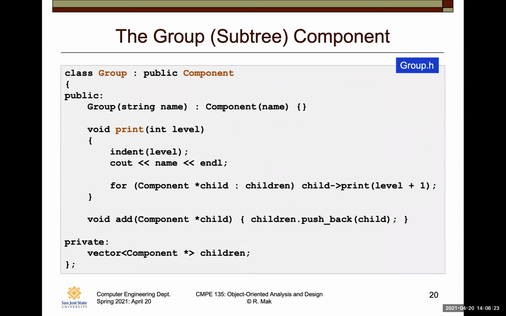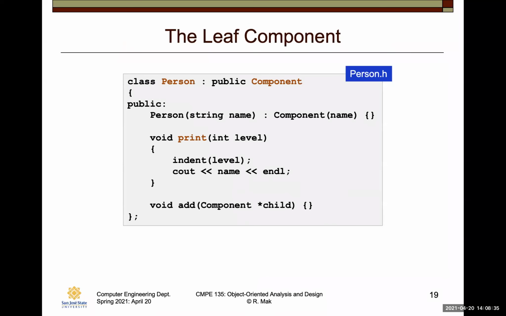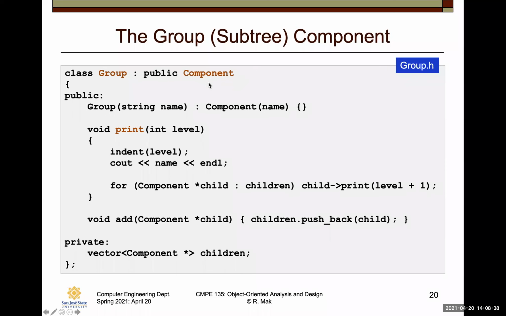Well, group is like a quantum. A group will have persons in it. It is a subclass of component, and it has a print. When we print a group, we print its name, and then we have to print its children.